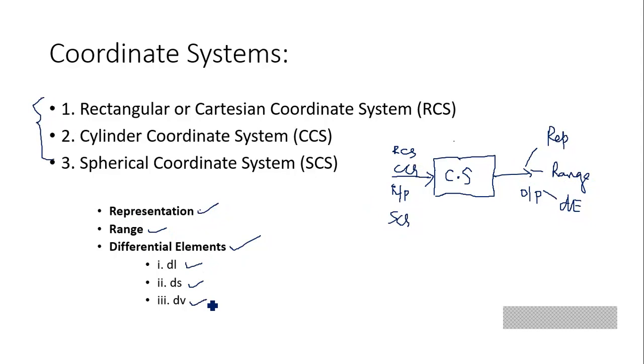Let me go ahead with the first one, the rectangular coordinate system. What was the first thing we took? The first one is representation.